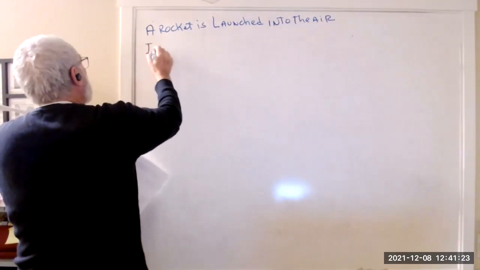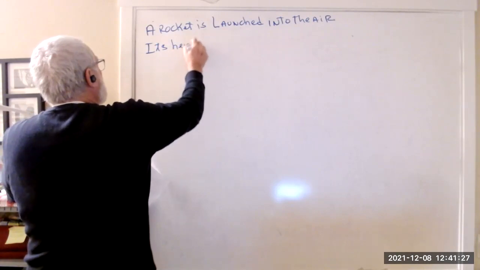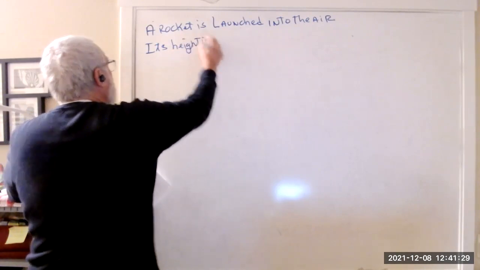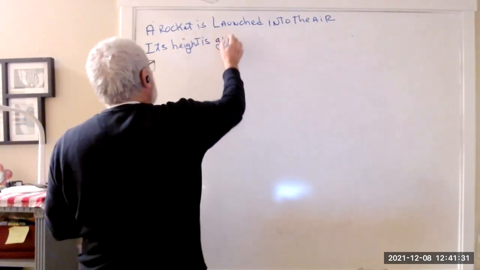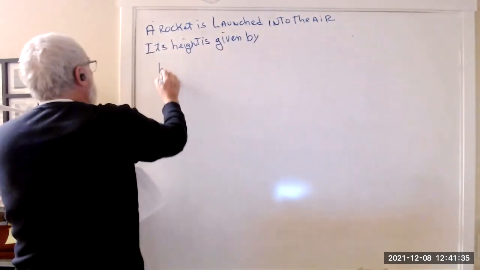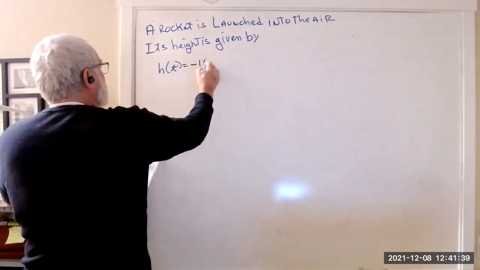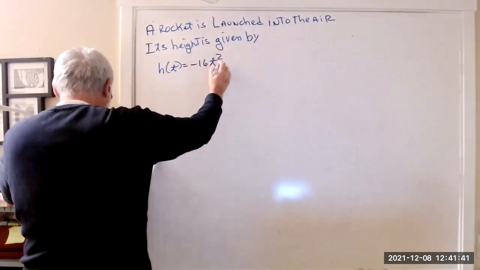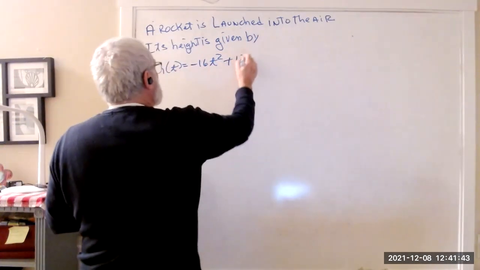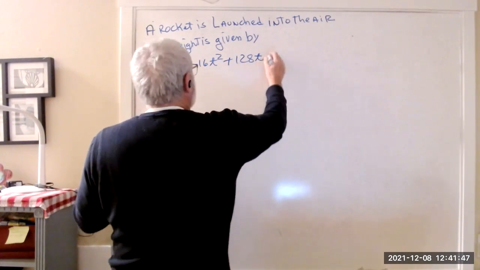Its height is given by h of t equals -16 t squared plus 128 t plus 48.